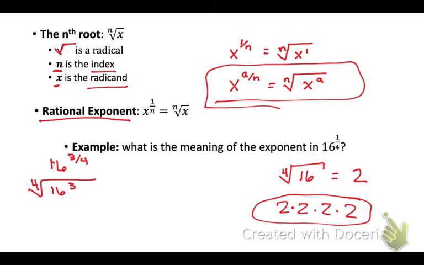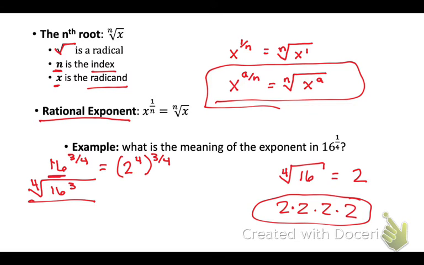But let's think about this differently. We said that 16 was 2 to the 4th, right? So instead of putting it in a radical, I'm going to do something with these exponents. It's 2 to the 4th to the 3/4, because 16 is 2 to the 4th. See how I just rewrote that?